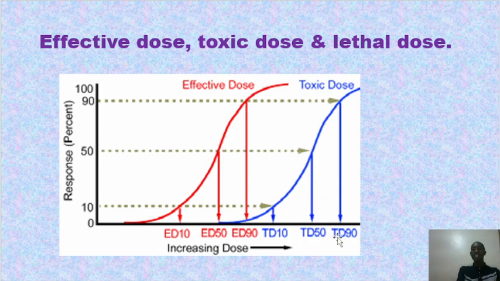If we say TD90, we mean the toxic dose that can cause adverse effects in 90% of the population. That's what we mean with TD50, TD90, TD10. You can say even TD0. Then you ask what's the population that can have adverse effects at 0. That's now TD0.